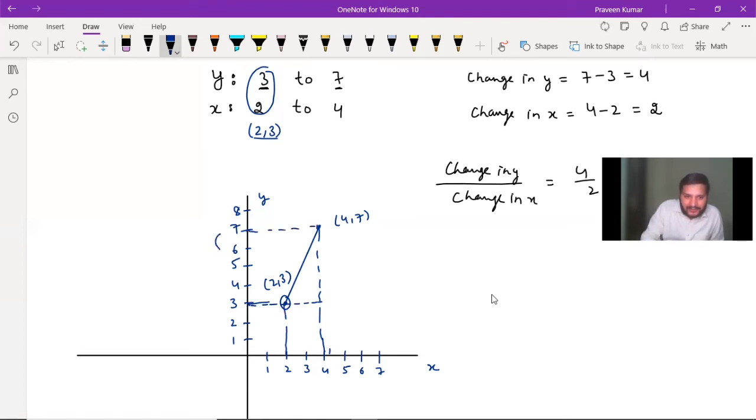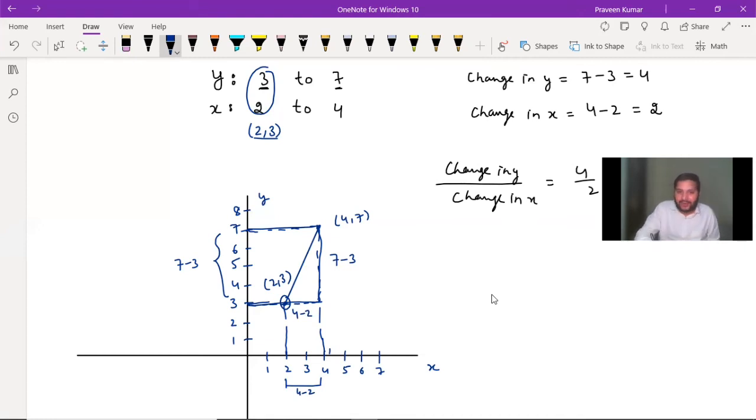Can I say that y changes from 3 to 7? Change in y is 7 minus 3. Since this is a rectangle, this is also 7 minus 3. And this changes from 2 to 4, which is 4 minus 2. So can I say this is 4 minus 2? Yes.